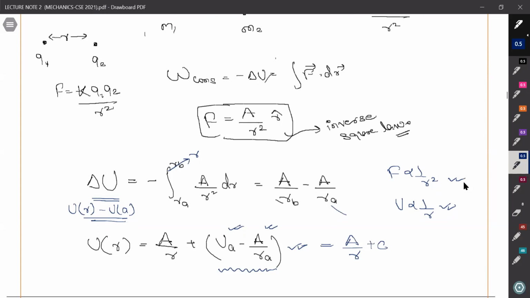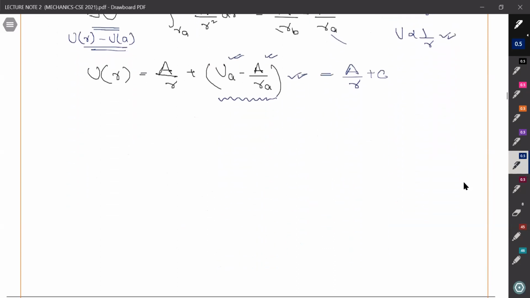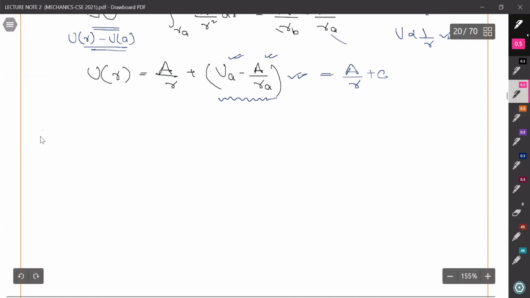Also, when we are using a restoring force, what is a restoring force?